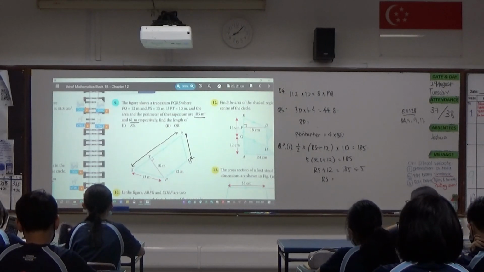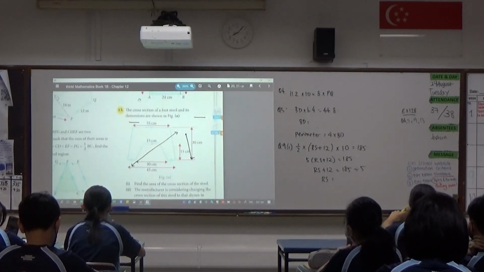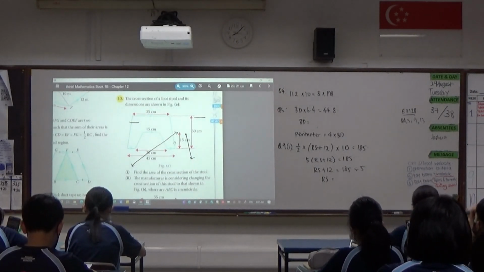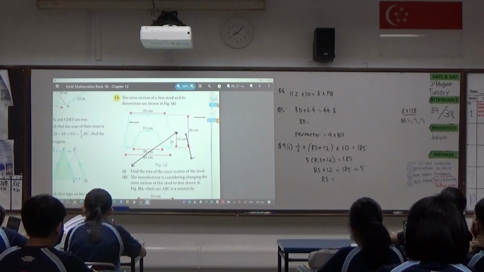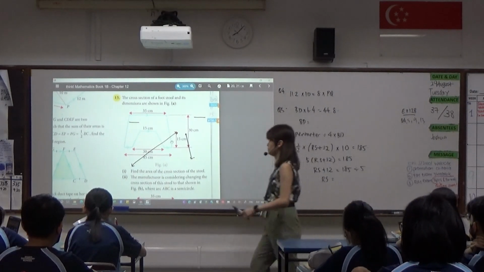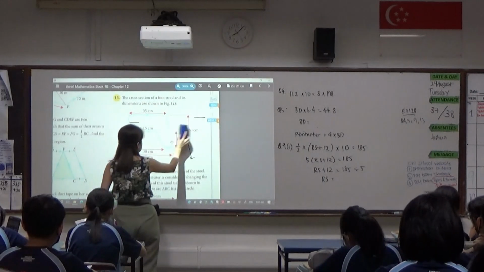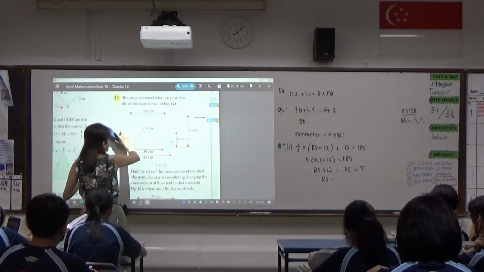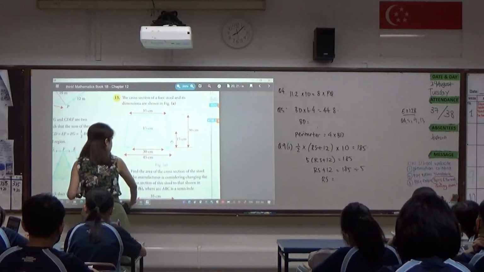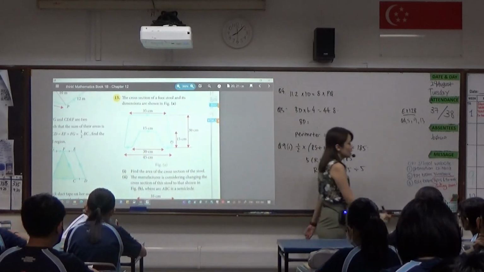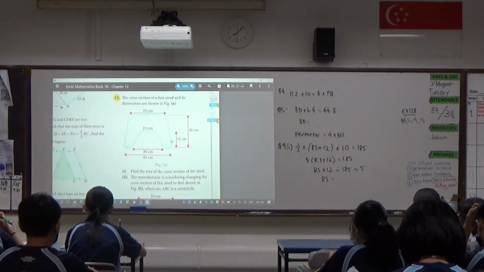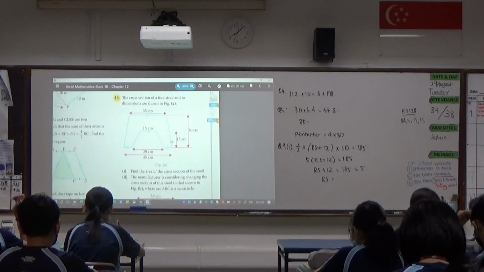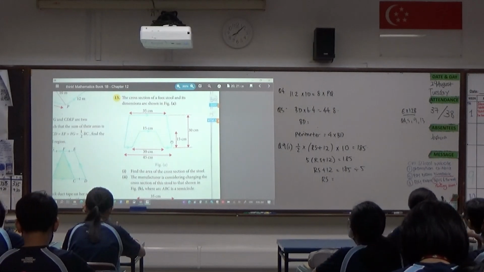Then the last one, question 13. and its dimensions are shown.